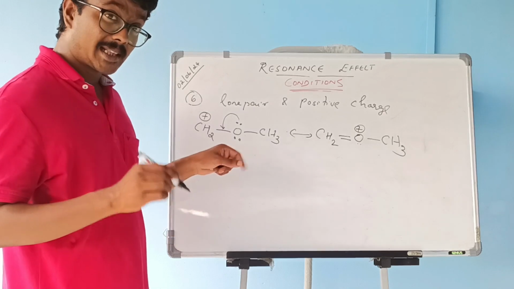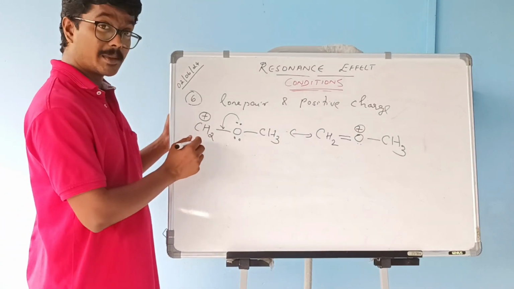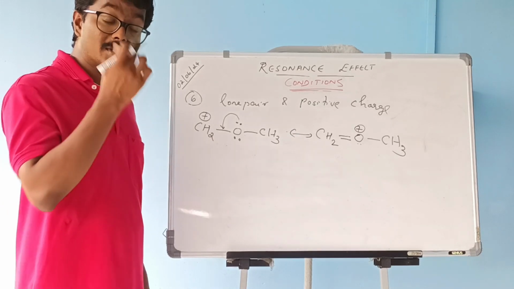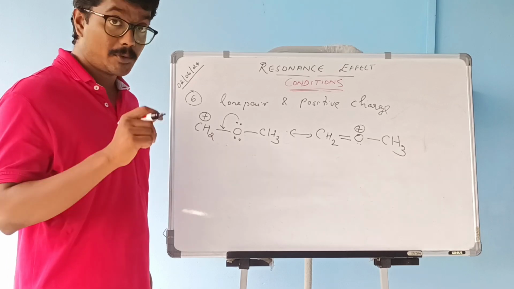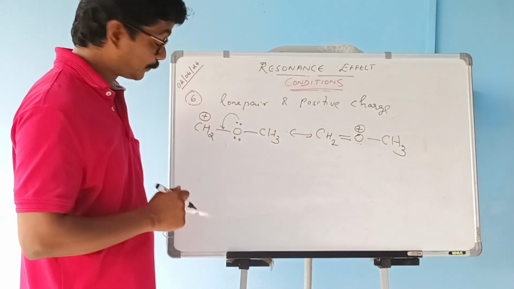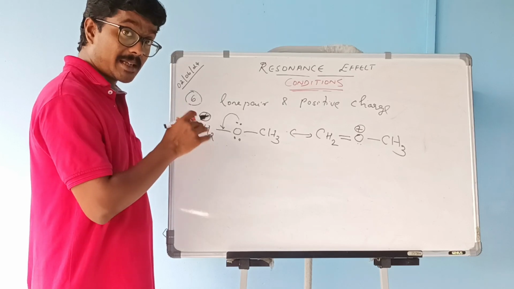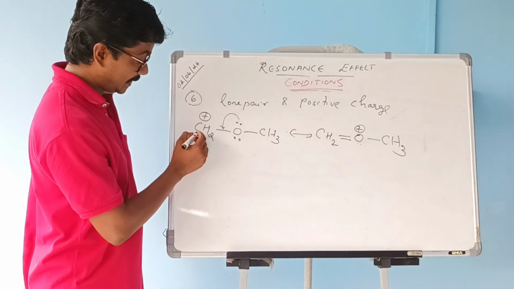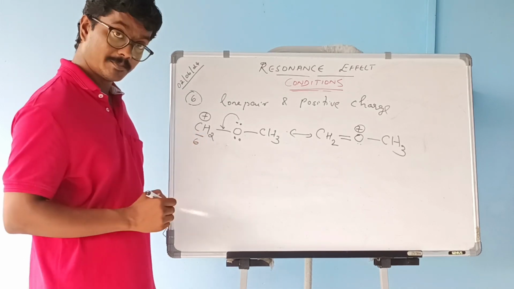There is another important fact to note: this carbon has not completed the octet rule postulated by Lewis. According to Lewis octet rule, any atom in a compound must complete its octet. In this case, the octet of this carbon is 6.